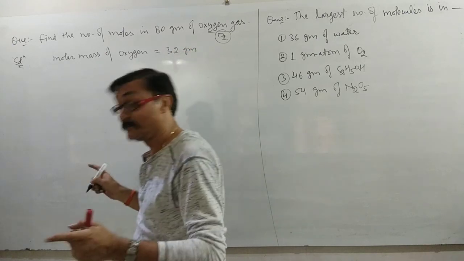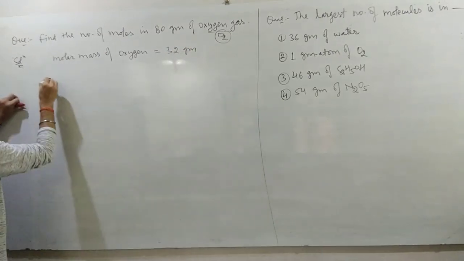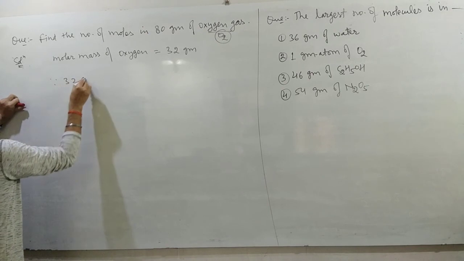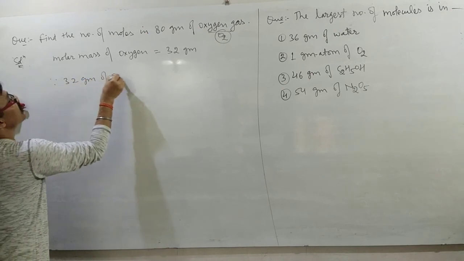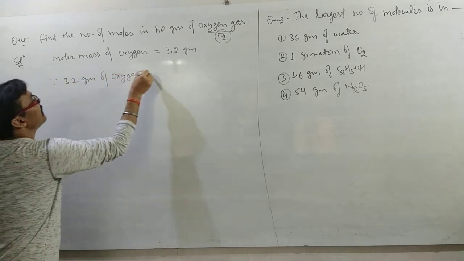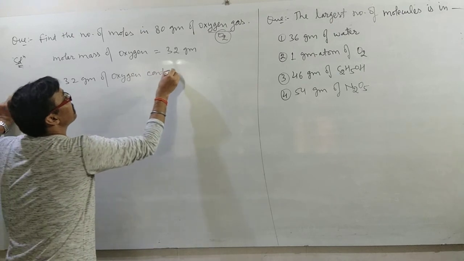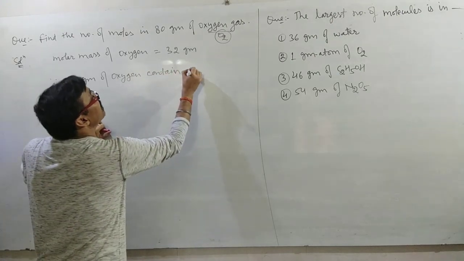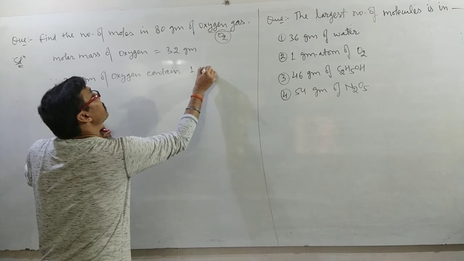In other terms, we can say that 32 gram of oxygen contains 1 mole molecule.